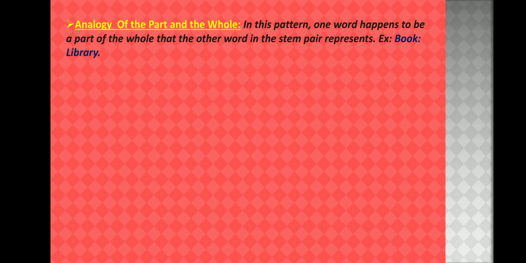Yes, part and the whole. Please mind this. In this pattern, one word happens to be a part of the whole that the other word in the stem pair represents. For example, book, and which is the whole? Library. Yes, book is the part of library.